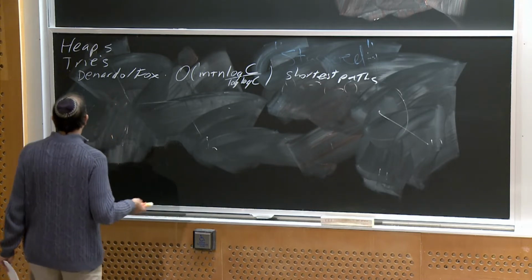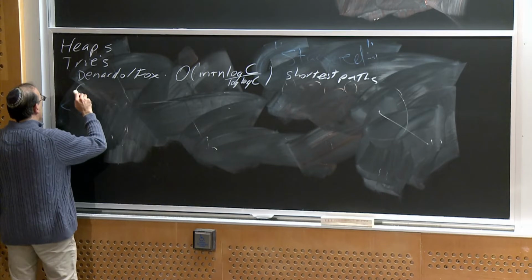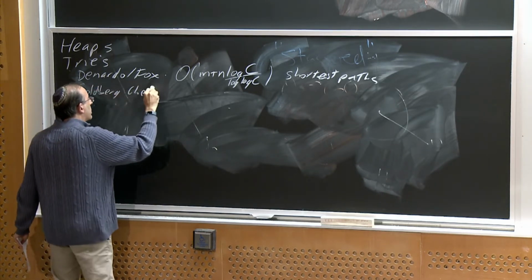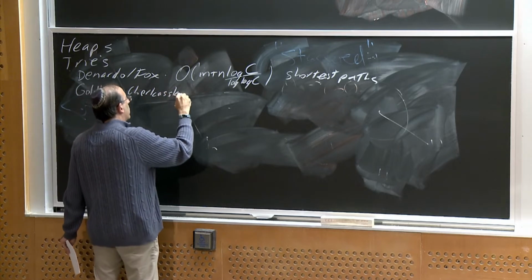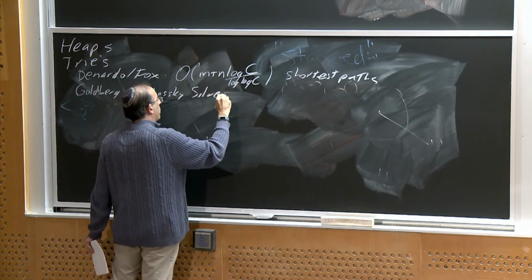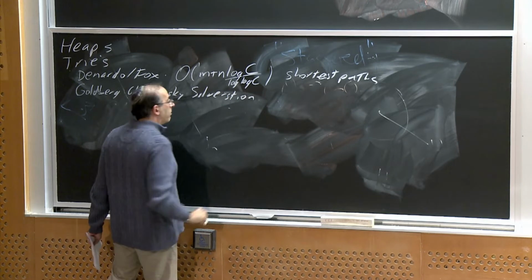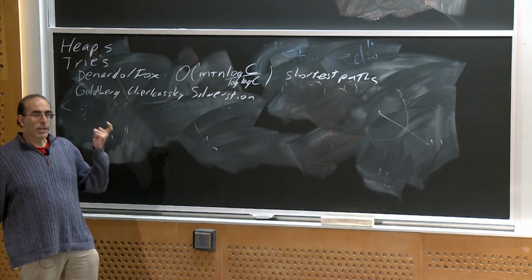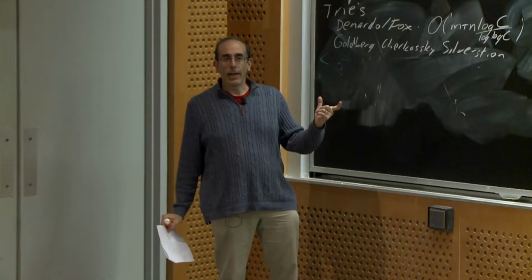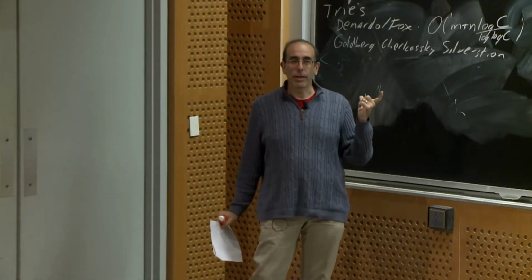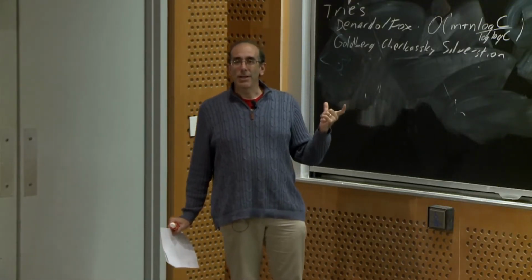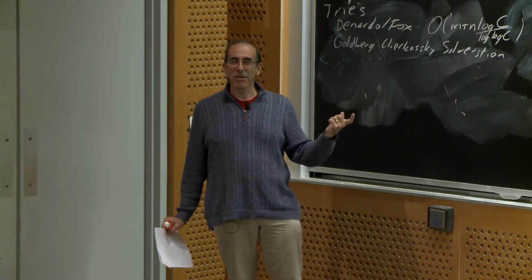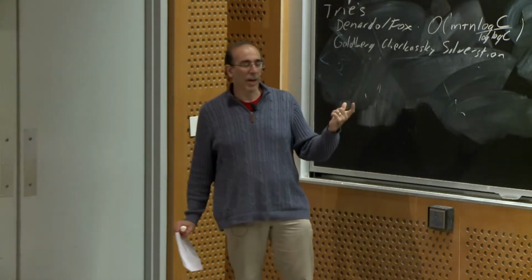And then I mentioned briefly that Goldberg, Cherkassky, and Silverstein recognized that we had these arrays and we were scanning the arrays in order to find the next non-empty entry, but that really is a min finding problem. So instead of scanning the array, you should use a clever data structure for it.